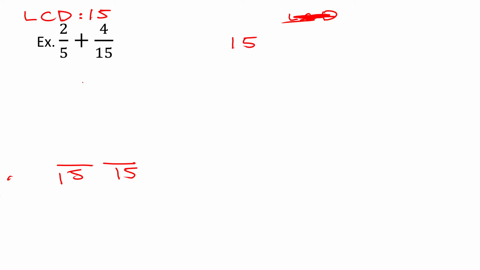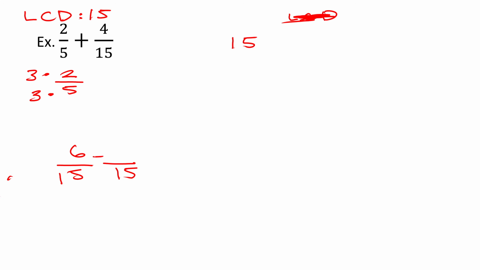So let's start with 2 over 5. What number do we multiply 5 by to get 15? Well, that's 3, of course. Since we're multiplying the denominator by 3, you also need to multiply the numerator by 3. 3 times 2 is 6. 3 times 5 is 15.